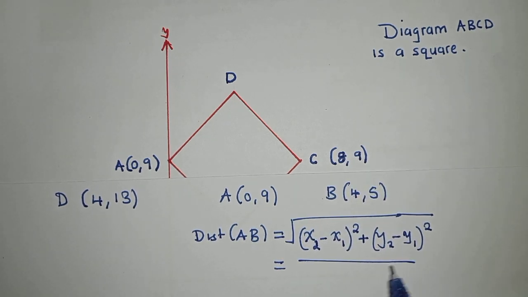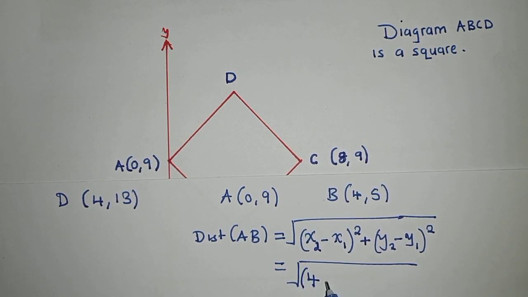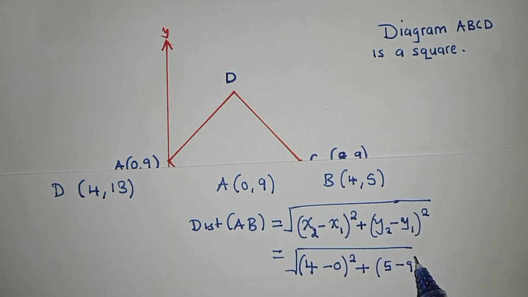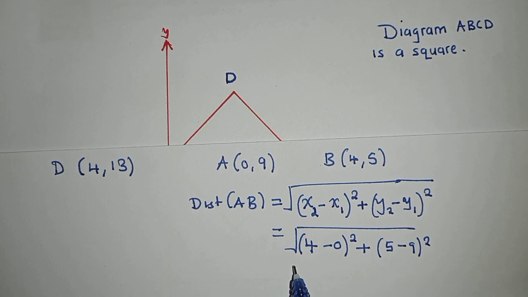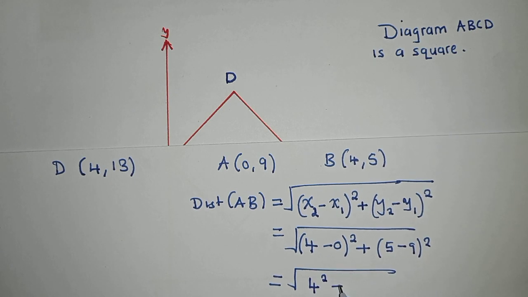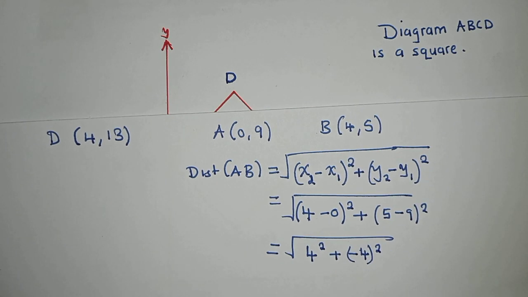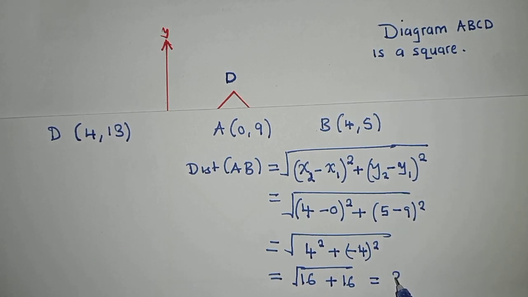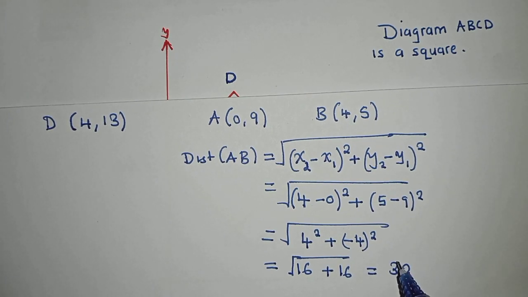It will be 4. So 4 minus 0, squared, plus 5 minus 9. We work it out: here we're getting 4, then we square it, plus here we're getting negative 4, we square it. So this is 16 plus 16. What is 16 plus 16? It's 32.